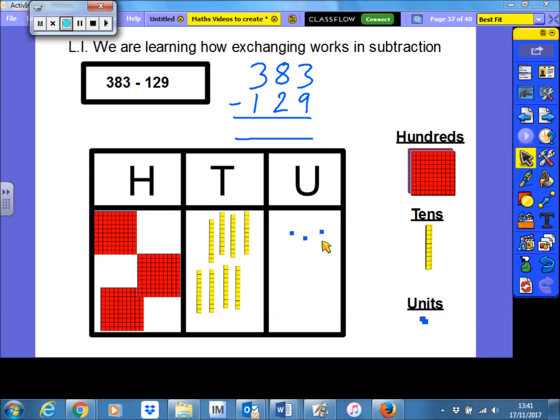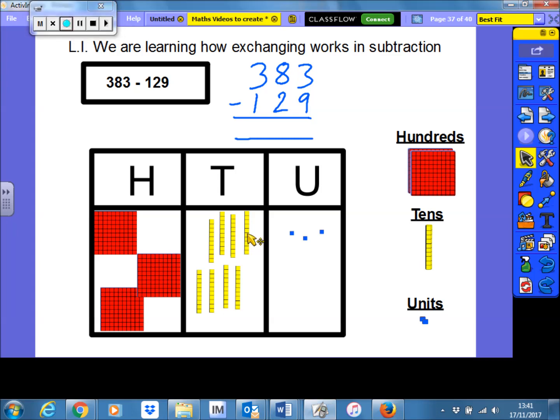I cannot take away 9. So, what I'm going to have to do is find a way of making that units column bigger. And to do that, we're going to go over to our friend the tens column here. And we are going to exchange 1 10 for 10 units.